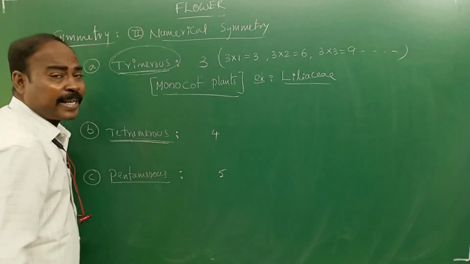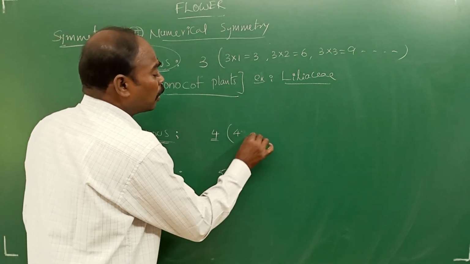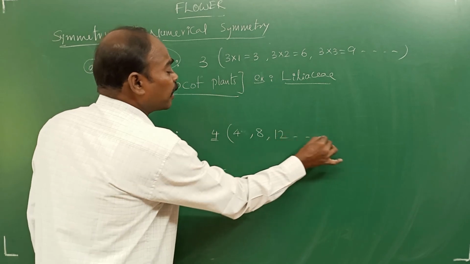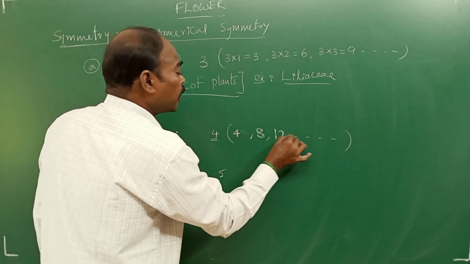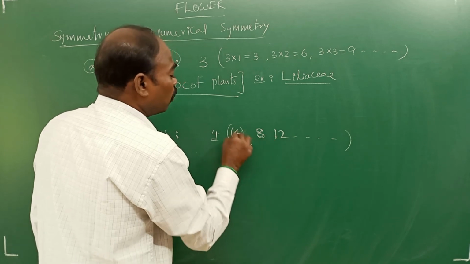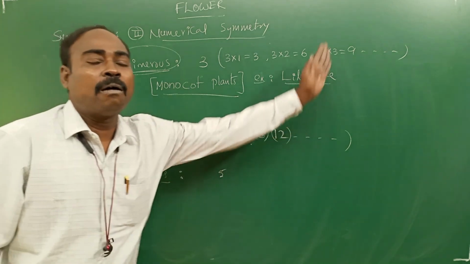Then what is tetramerous? The floral leaves are 4 or multiples of 4 in number. 4 ones are 4, 4 twos are 8, 4 threes are 12, likewise 4, 8, 12, 16, or 20.